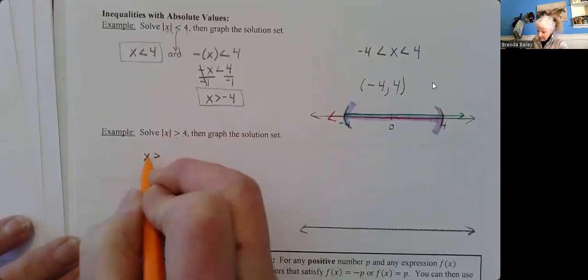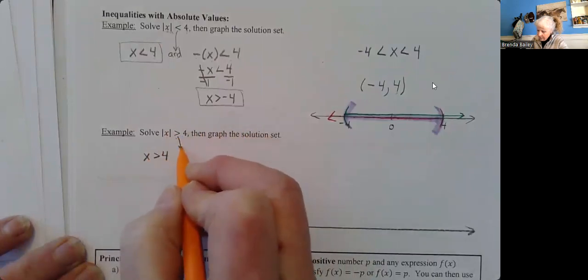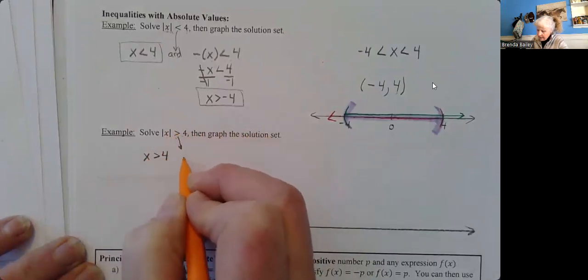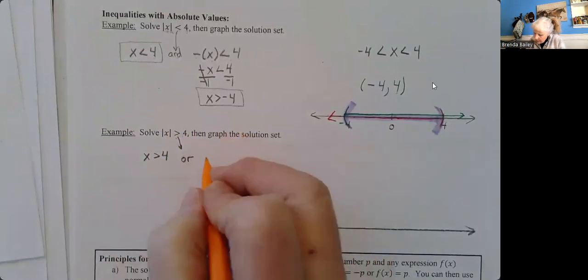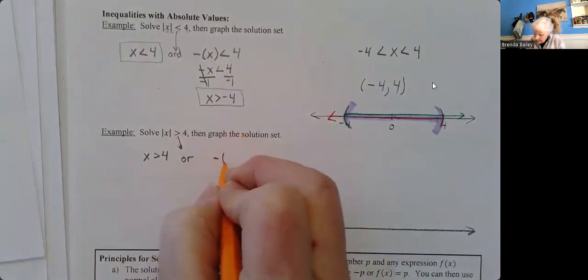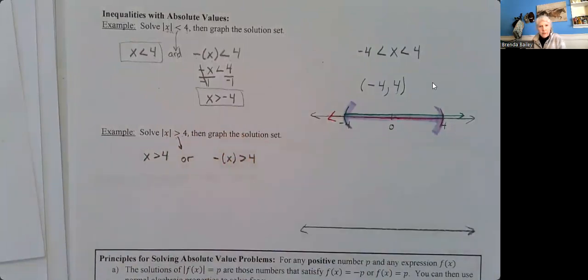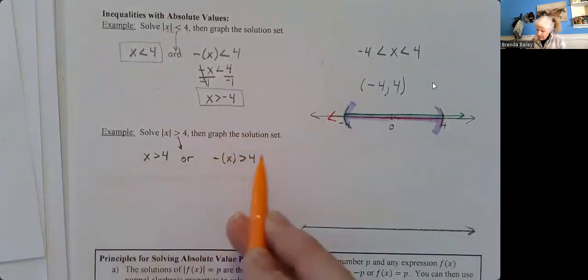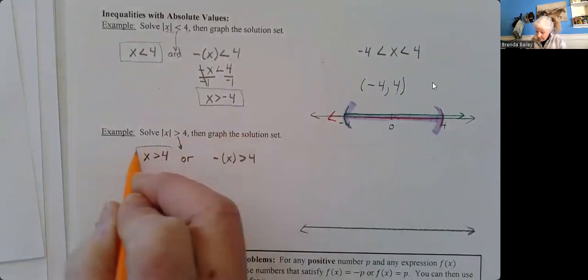This is going to be a positive X. Now, because of this symbol, whenever it's a greater than, it's an or, it's a union. So you'll just be combining. And then we have the opposite of what's inside is greater than 4. And you solve both of them. So you've got the positive and then you have the opposite. So this is done.